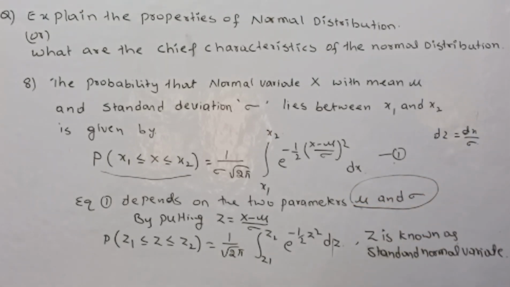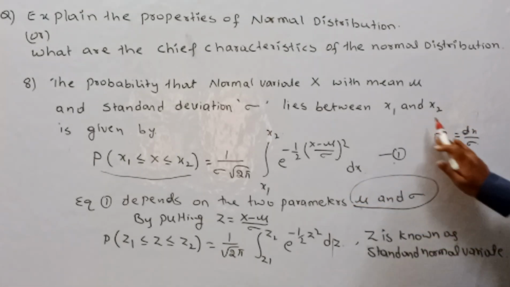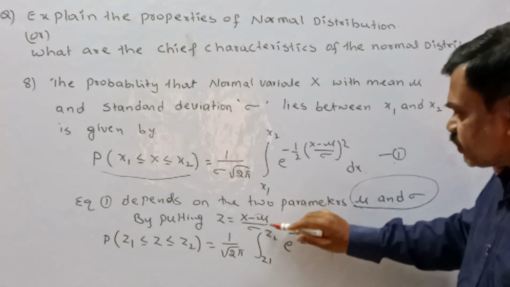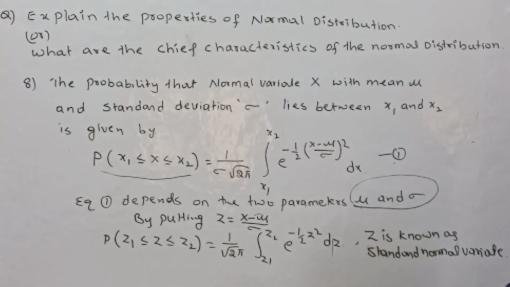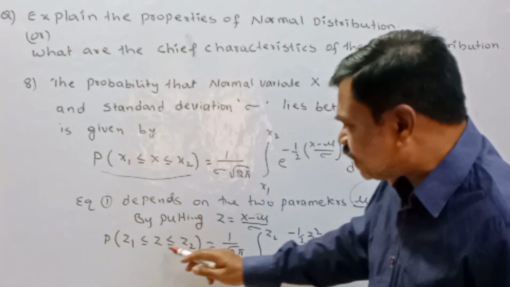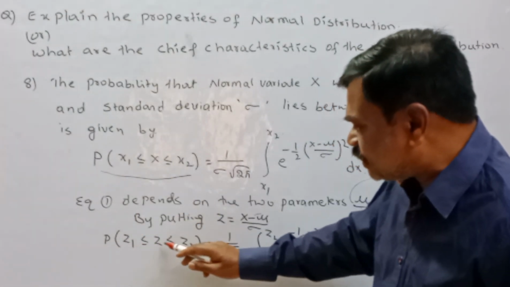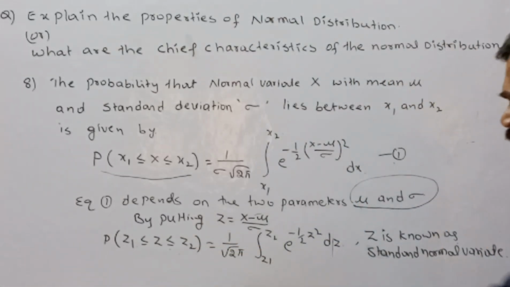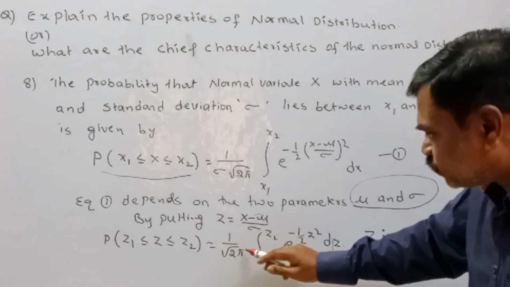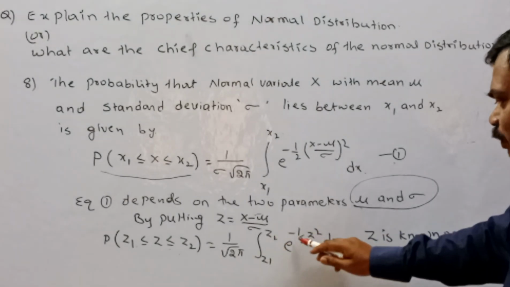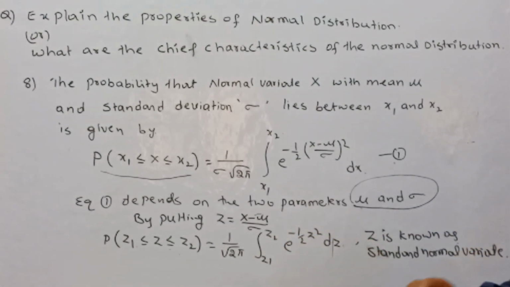If you take z equal to x minus mu by sigma, what happens? P of z1 less than or equal to z less than or equal to z2 equals 1 by root 2 pi integral from z1 to z2 of e power minus 1 by 2 z square dz.